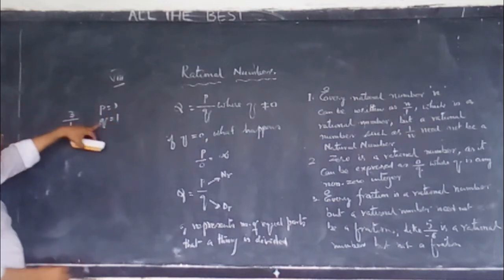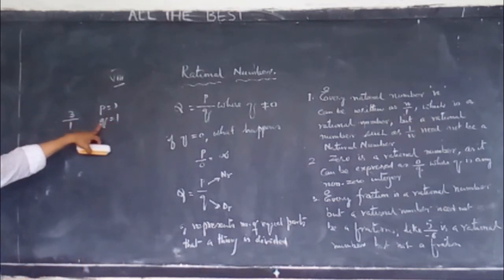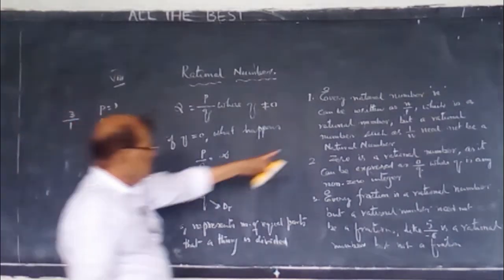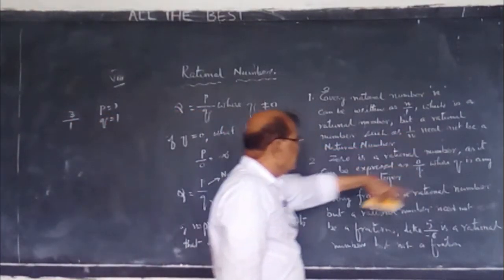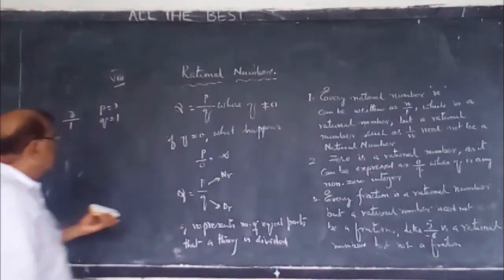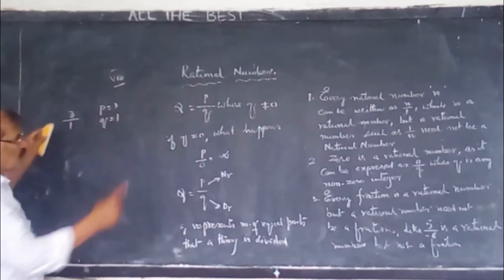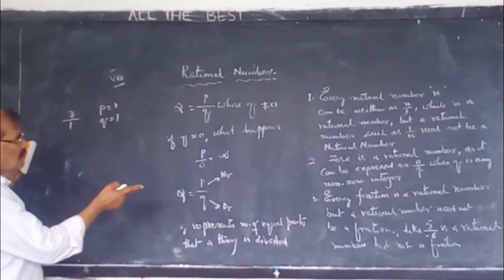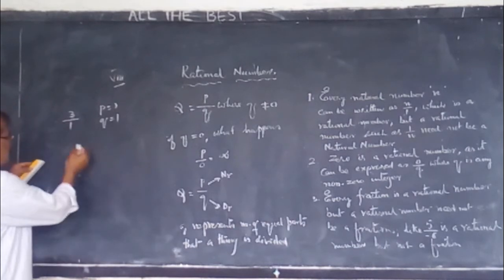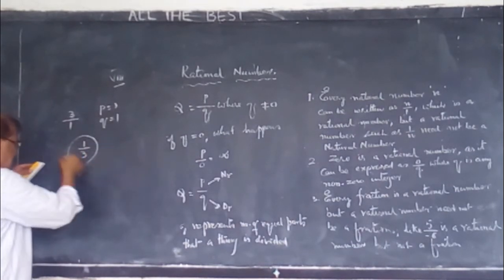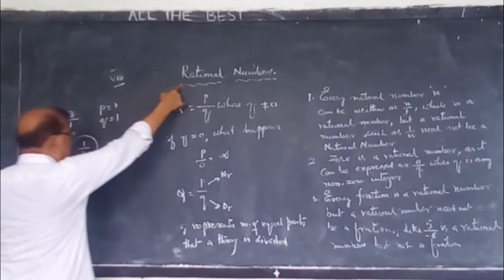So it is in the form of p by q. But a rational number such as 1 by n need not be a natural number. Suppose if you reverse 3 by 1, it becomes 1 by 3. 1 by 3 is not a natural number, it is a rational number.